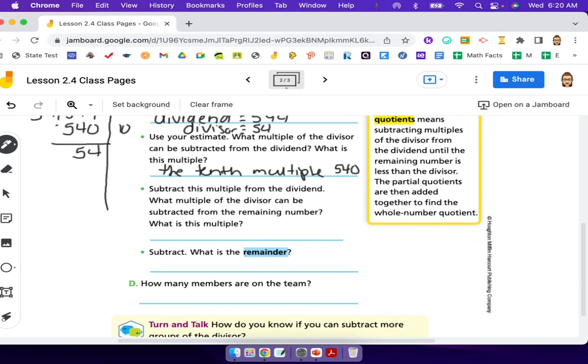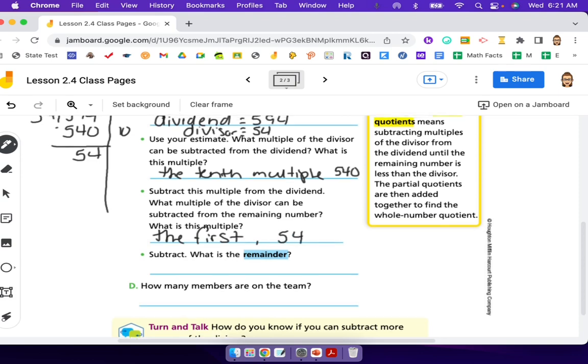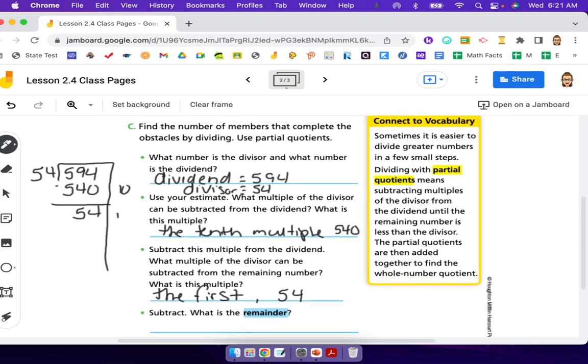So then it says subtract this multiple from the dividend. What multiple of the divisor can be subtracted from the remaining number? Will be the 10th, or the first, sorry. So that's 54. So put 1.